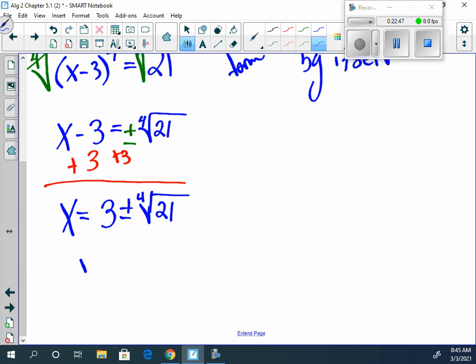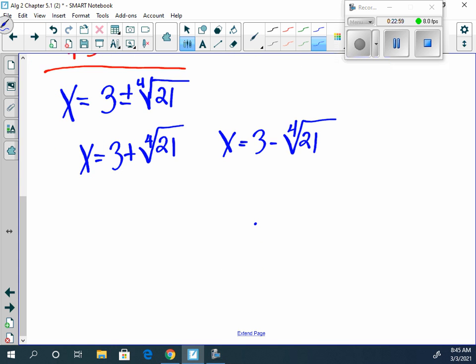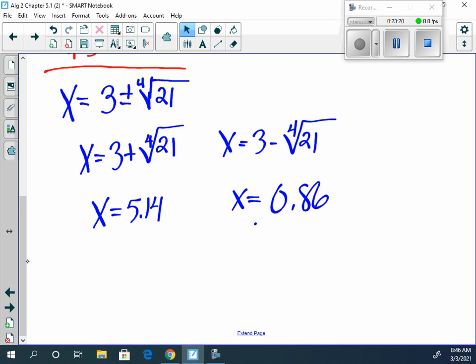Now, if we wanted to, we could go on and split these out. And at this point here, you're just going to have to plug these into the calculator, and I rounded to the second decimal place on both of these here.